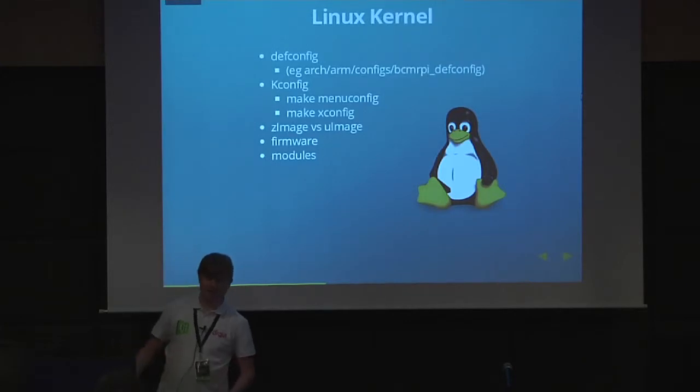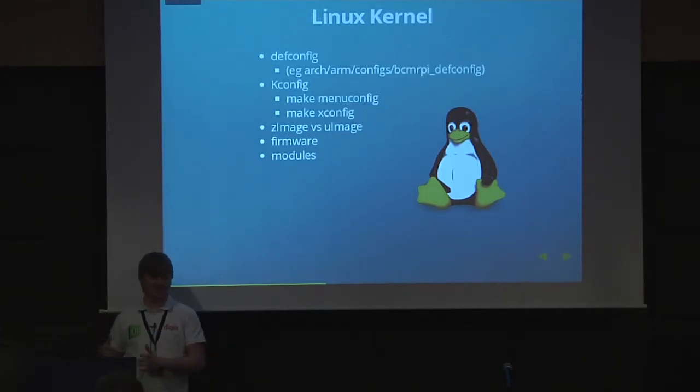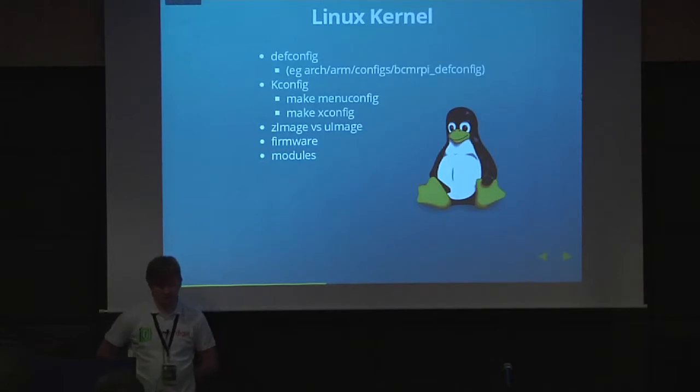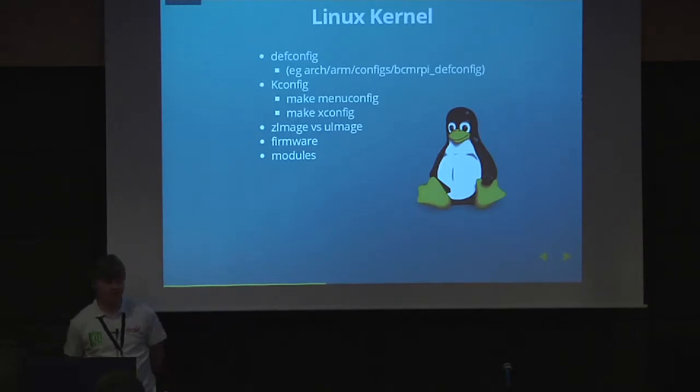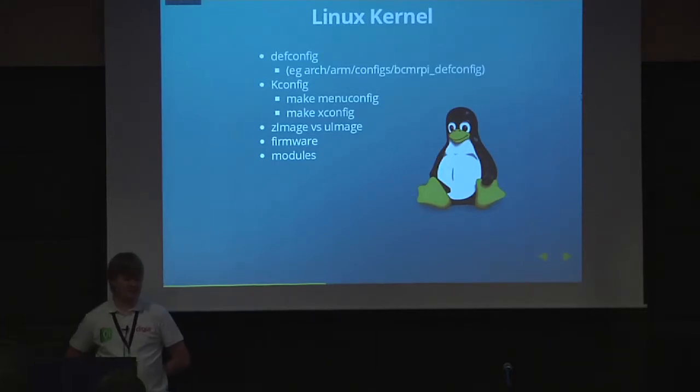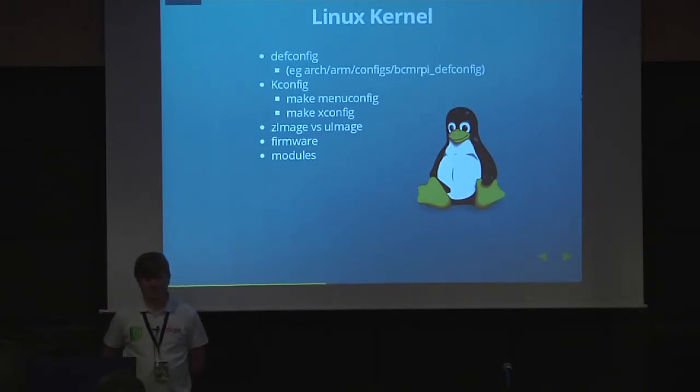But you'll typically find these in arch, then the arch that you're using, /configs, and then your processor name_defconfig. You can also make additional configurations to this defconfig, or just make one completely from scratch using the Kconfig tool. And there are GUIs available for this, both ncurses based if you only have console available using make menuconfig, and Qt4 based configuration by using make xconfig.